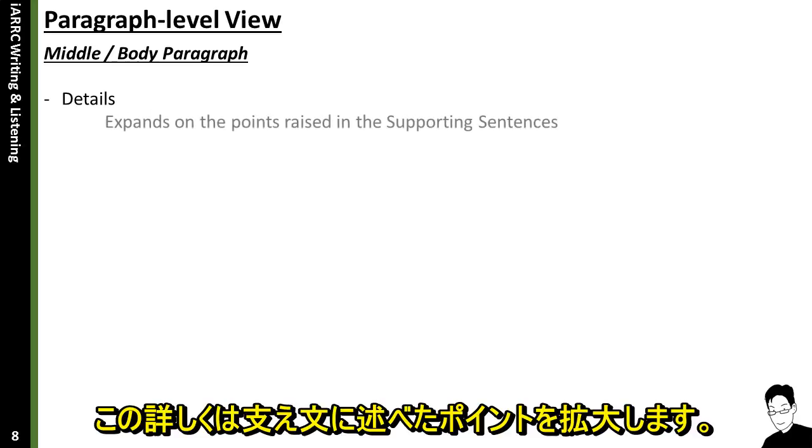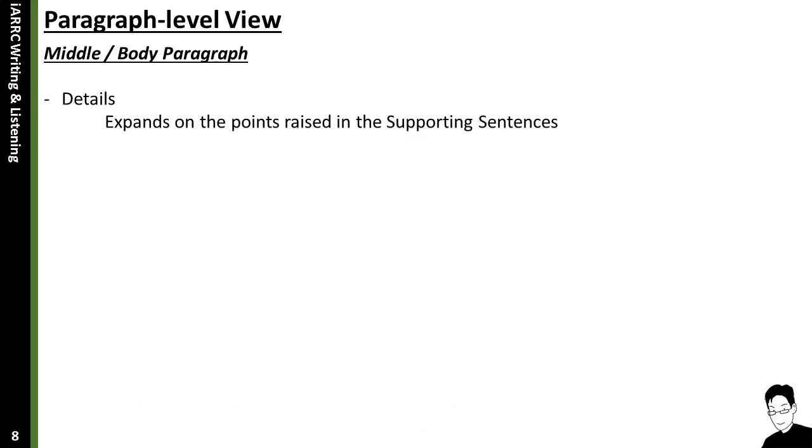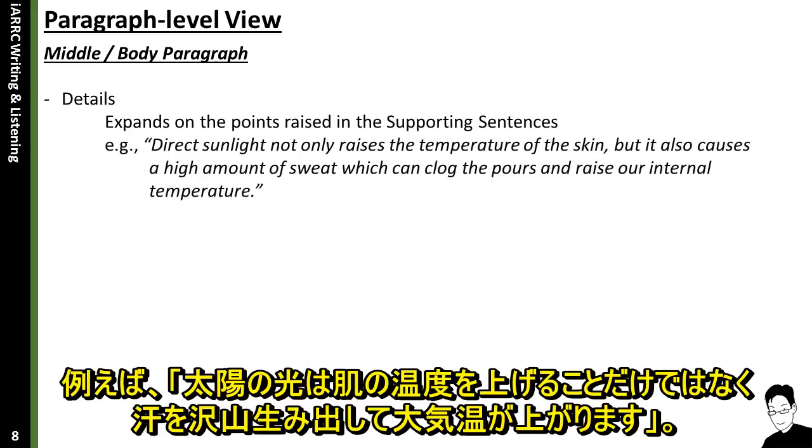These expand on the points raised in the supporting sentences. For example, direct sunlight not only raises the temperature of the skin, but it also causes a high amount of sweat, which can clog the pores and raise our internal temperature.